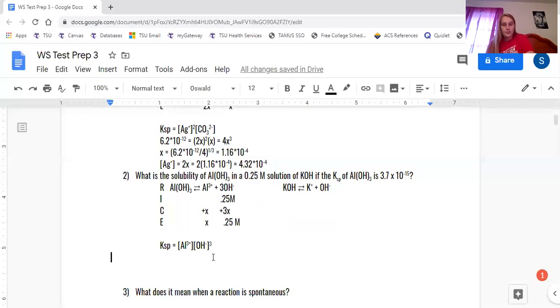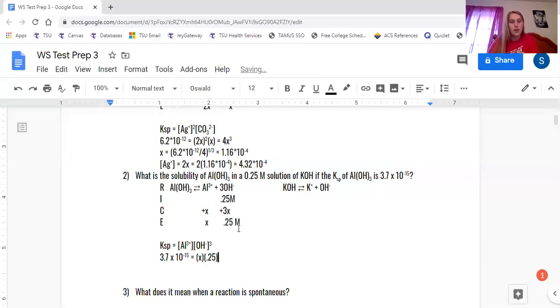So we can go ahead and fill in what we know. They gave us the KSP over here, so we can go ahead and take this right here and plug that in. And that is going to be equal to what we know for aluminum, so X times 0.25 molars, so 0.25.